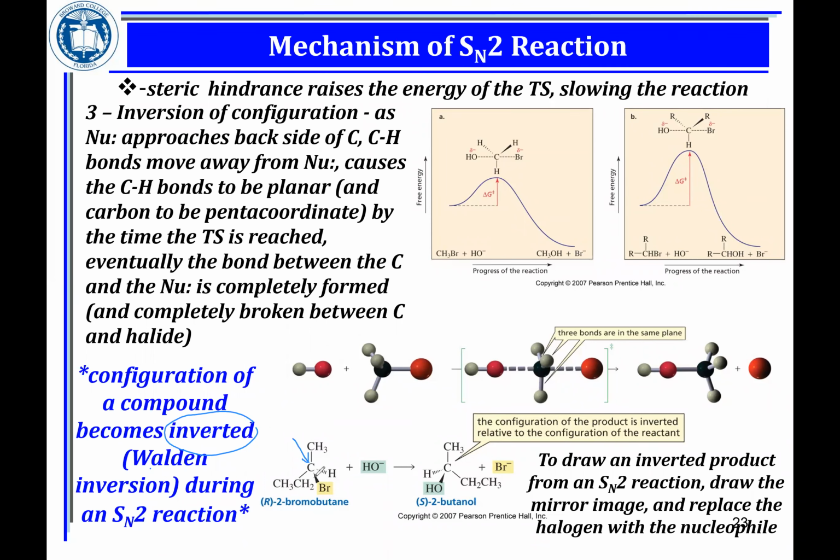Now, if the leaving group is leaving from the right side, the hydroxide ion is going from the left side, basically the opposite side of the leaving group. So the configuration is going to be opposite, because now your heavy group is going to be on the opposite side. You might say, well, why is the nucleophile not coming from the same side?